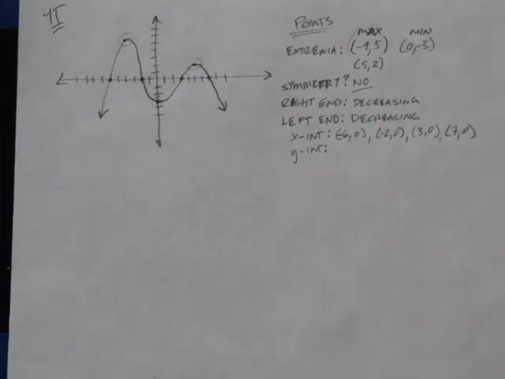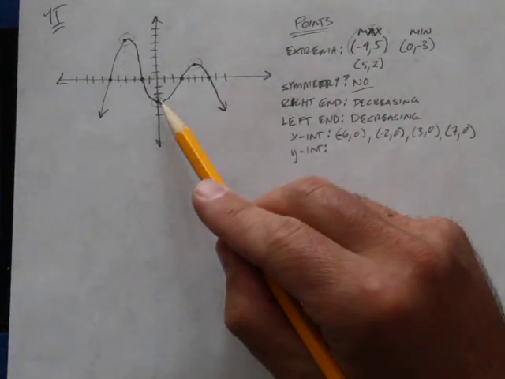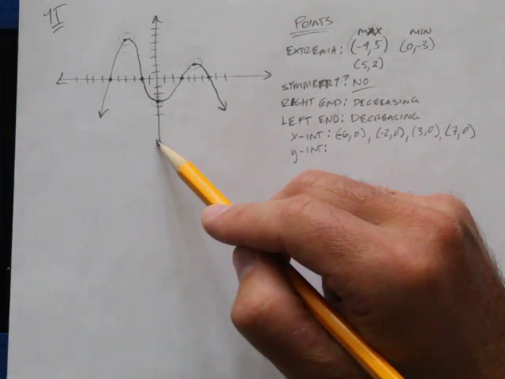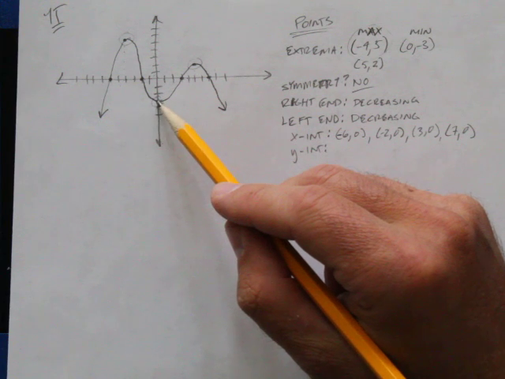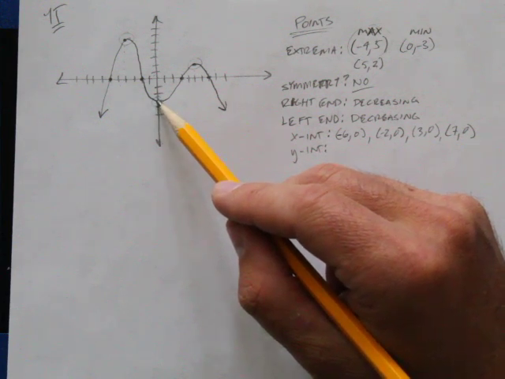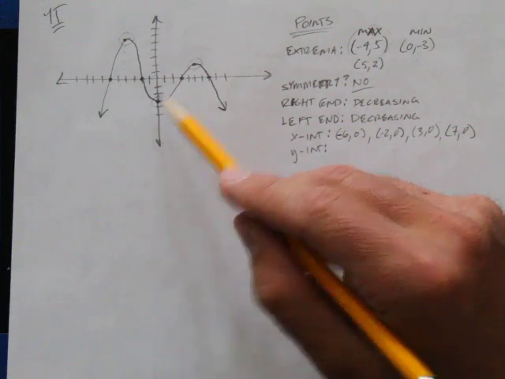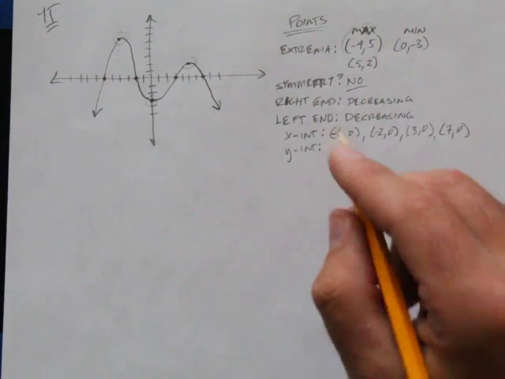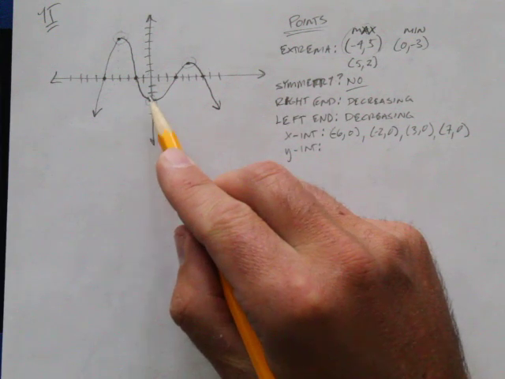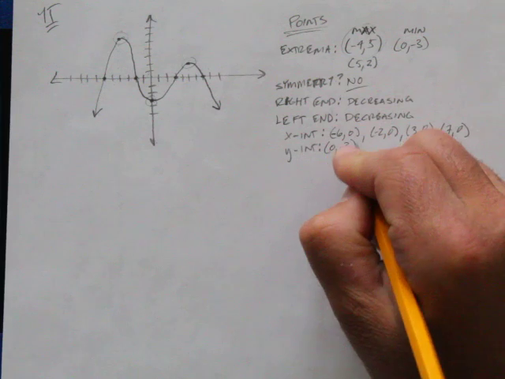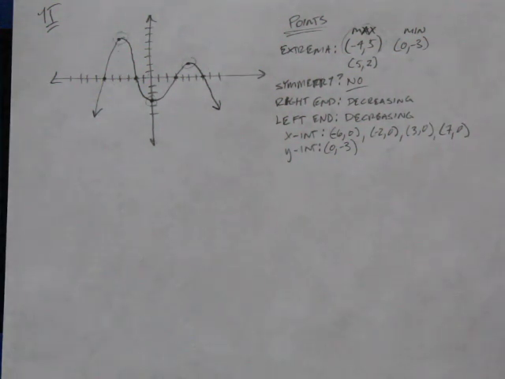So those are my x-intercepts. My y-intercept, I only have one place where the graph is crossing the y-axis. And if this is a function, that will always be the case. Any function will only go through the y-axis one time. And this is at -3, so 0, -3 is my y-intercept.